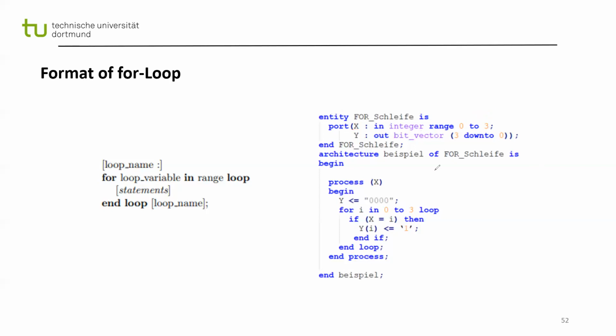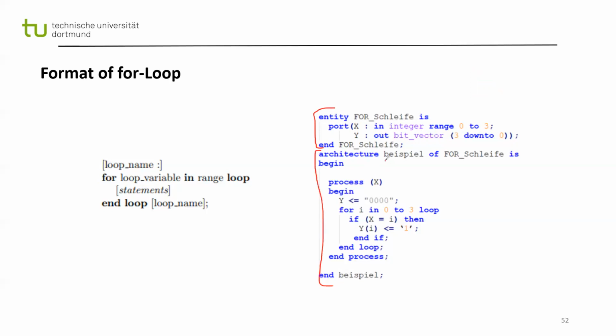Whereas Y is an out and is of type bit vector and has the size of 4. So basically 0001 or 0000, any possible combination of 4 bits. And we end our entity declaration, and then we start our architecture declaration.